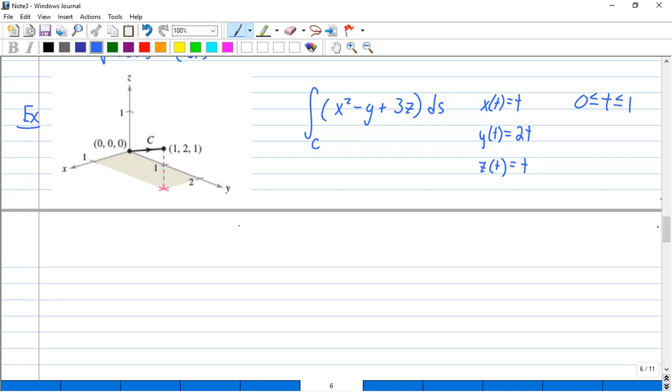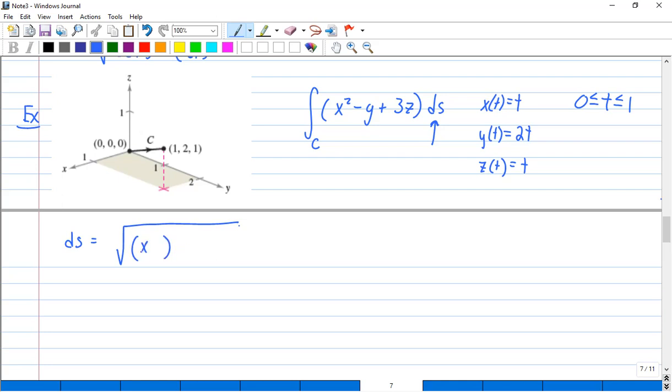So that's our parametrization. Now we're going to have to write in what ds is equal to. Remember, ds is the square root of each derivative squared.